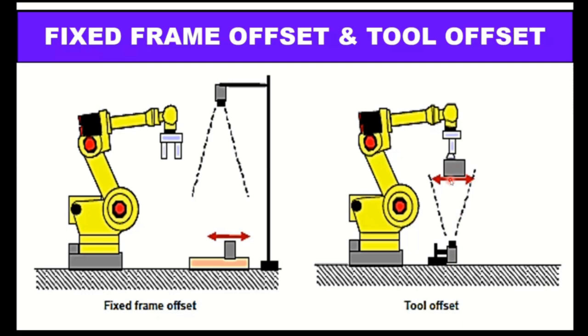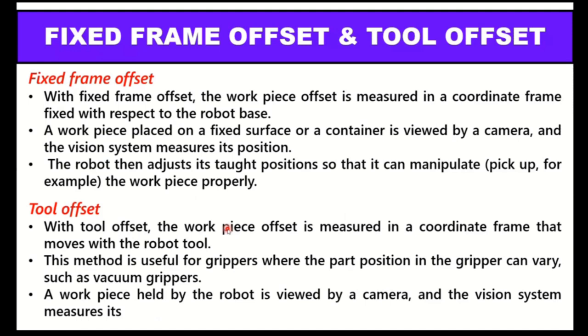In both cases, because of the position, there will be an offset, that is, a change in dimensions. For the same object, we will get different shapes of images. Many times normalizations or many other program objectives can be done over here. All this discussion is written in these concepts: the fixed frame aspect and the tool offset.